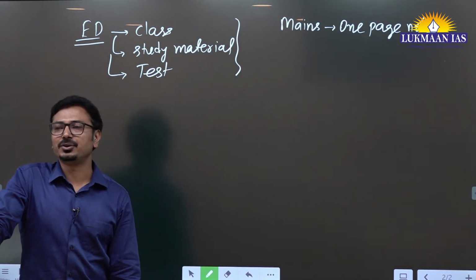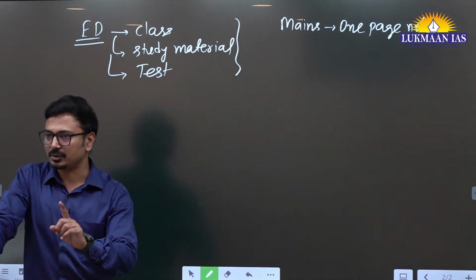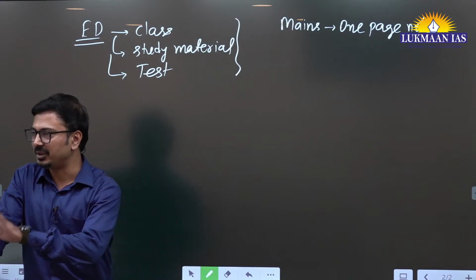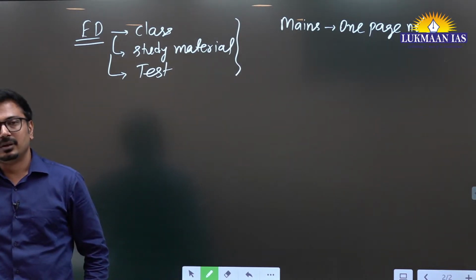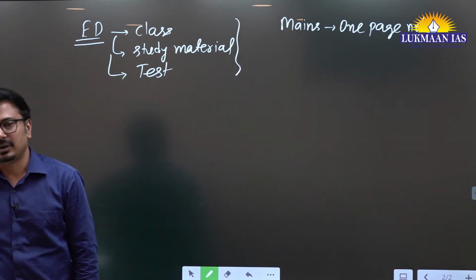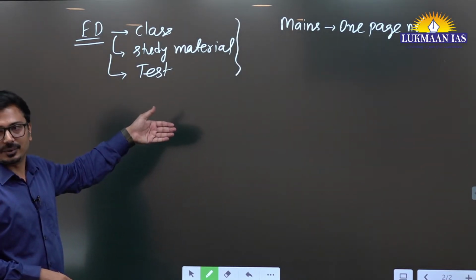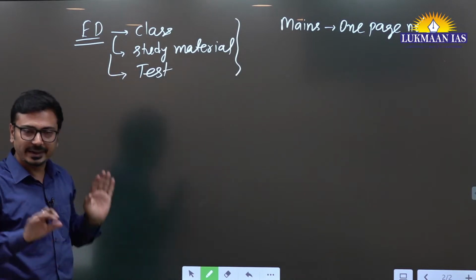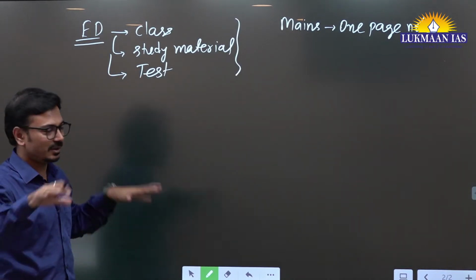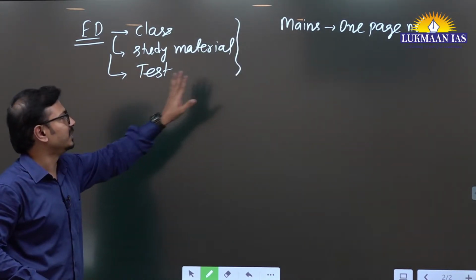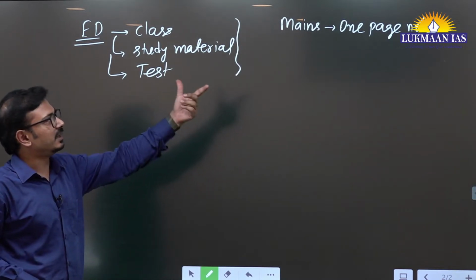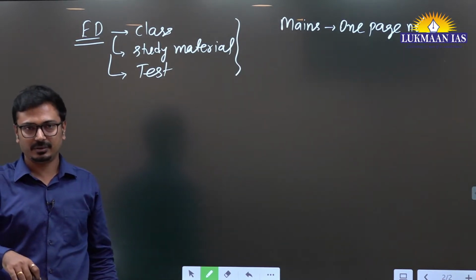For mains perspective, you should make a 1-page note of each and every topic we are teaching. When to make such a note? After going through all these 3. So you are already reading the newspaper, then taking the class, reading the study material, then giving the test, then make a 1-page note of it.